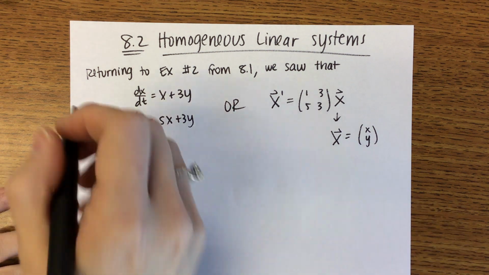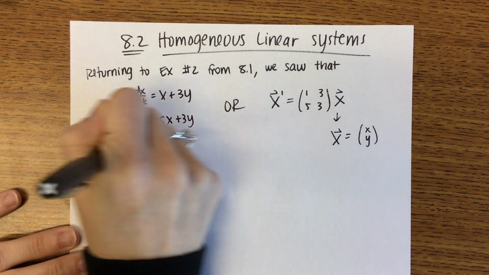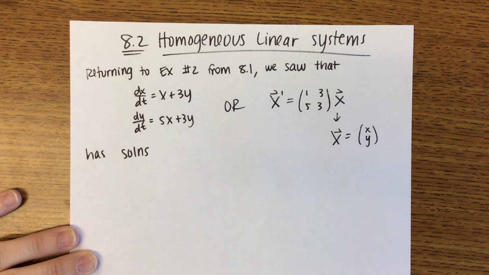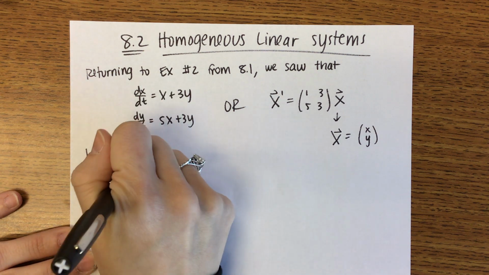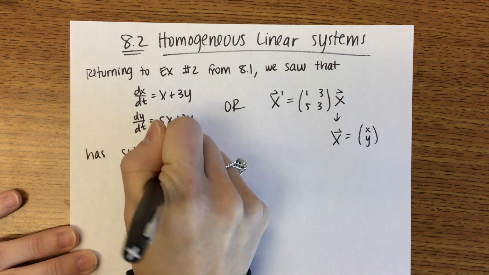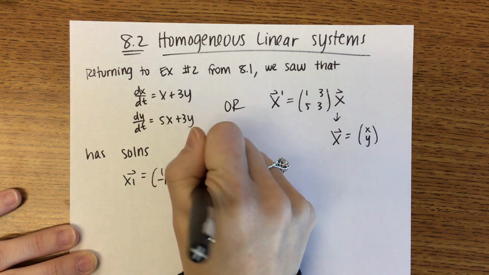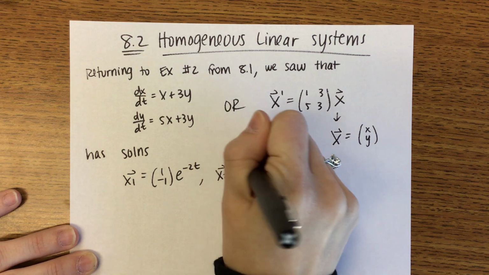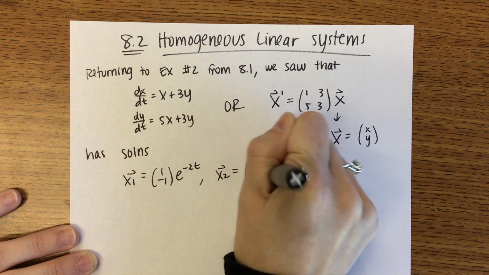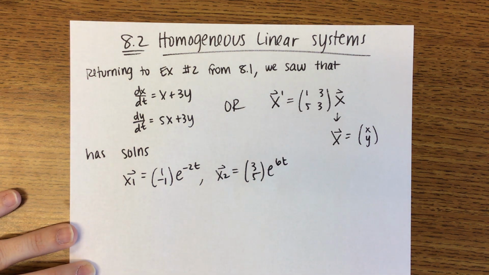Okay, so then with that system, we saw that the system had two solutions, and they were the following. x1 is (1, -1) e^(-2t). And we saw that x2 was (3, 5) e^(6t).